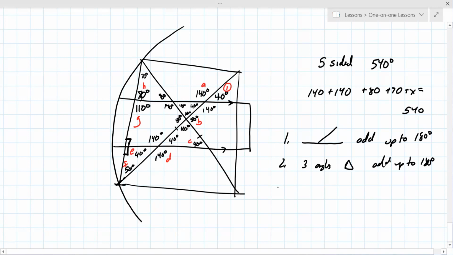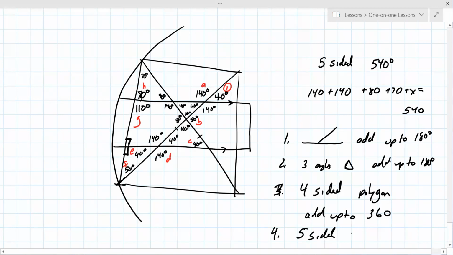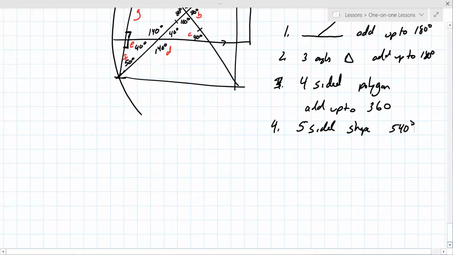In a four-sided polygon, like a square or a rectangle or just a quadrilateral, they add up to 360. We also talked about a five-sided shape, and if every side is the same, it's called a pentagon. It adds up to 540. So these are things that we use to try to figure out different values.